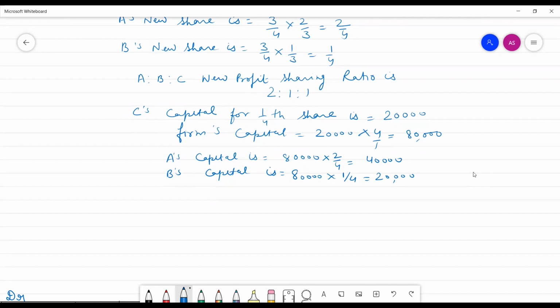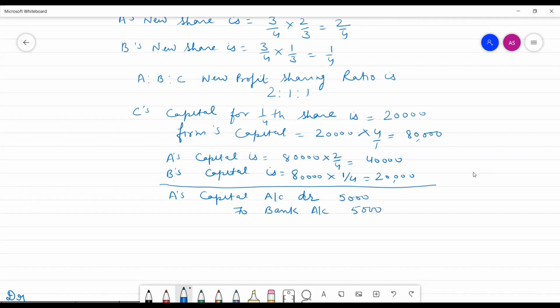A is given back, and the journal entry would be A's capital account debit to bank, 5,000, which is taken back by him.